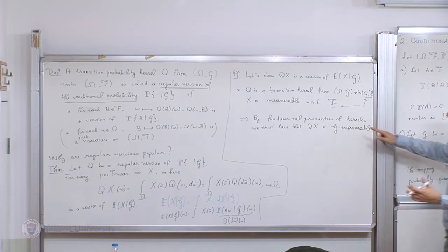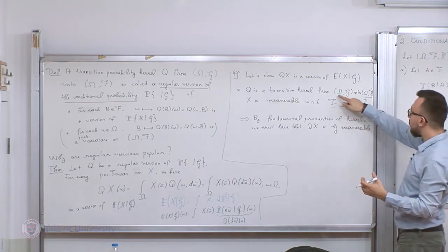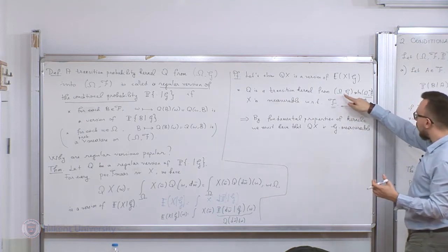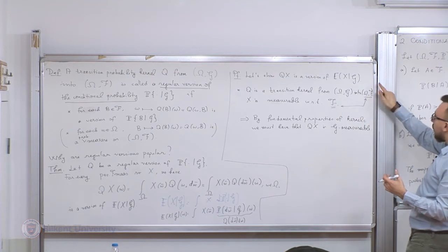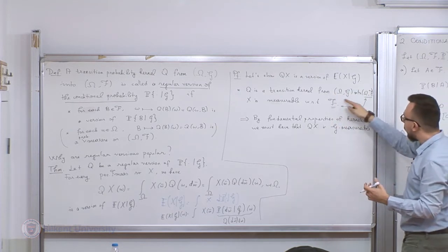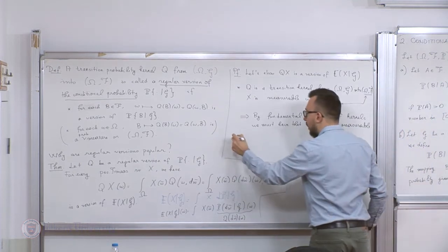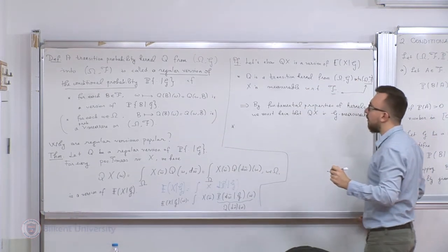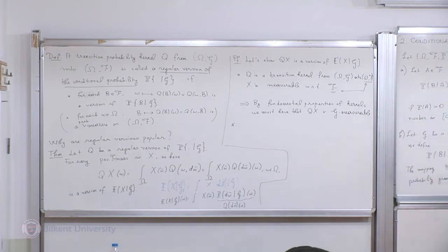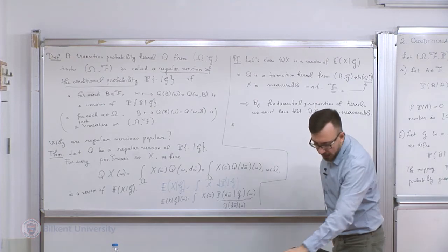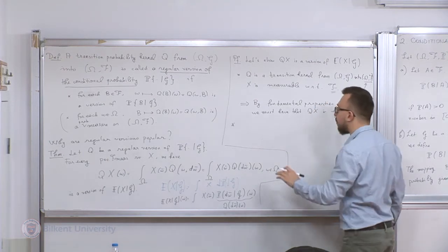When you integrate an F measurable random variable with respect to a kernel from omega G to omega F, you get a measurable function with respect to G. So G measurability just comes directly from this type of theorem that we proved earlier. The other one is that we need to check the projection property.